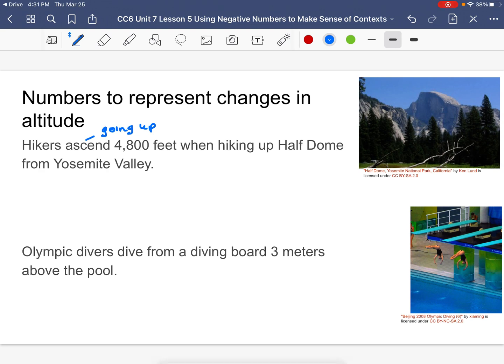Because they're going up, it's going to be plus 4,800 feet.